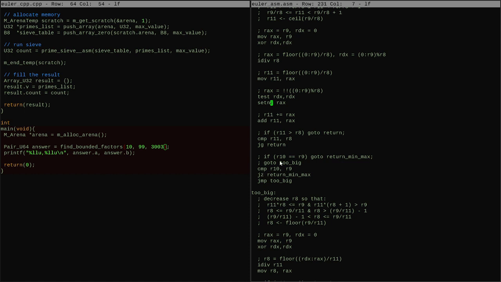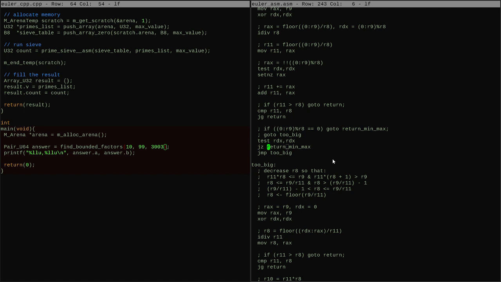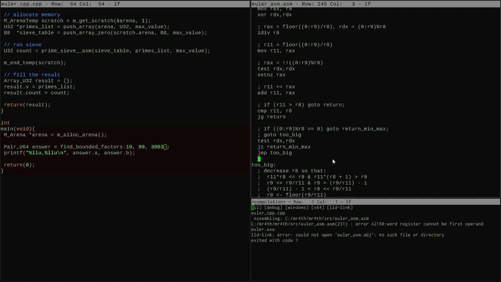And then instead of doing the multiply, we're just going to do if this remainder is exactly equal to 0, then we're done. So we're going to do test RDX, RDX. And then if that is 0, we go to return, otherwise we jump to too big. I think that's the same.